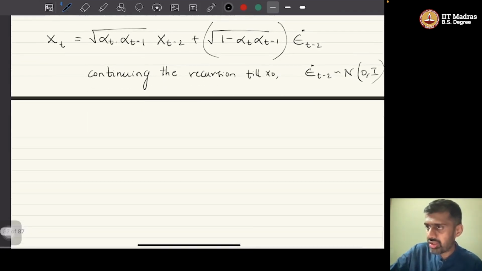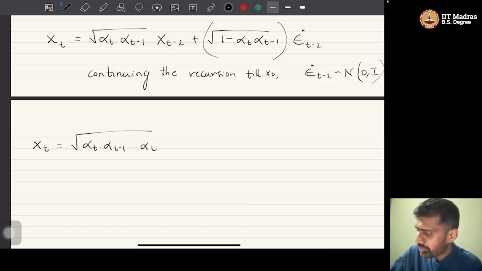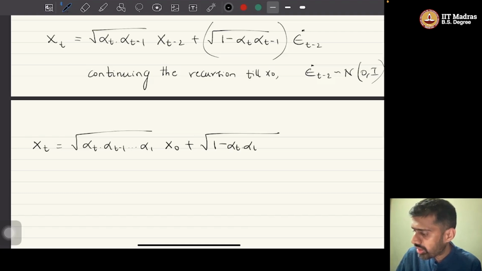What we get is the following. We get xt equal to root of alpha t times alpha t minus 1 up to alpha 1 into x naught plus root of 1 minus alpha t times alpha t minus 1 up to alpha 1 times some epsilon, where this epsilon is drawn again from normal 0, 1.